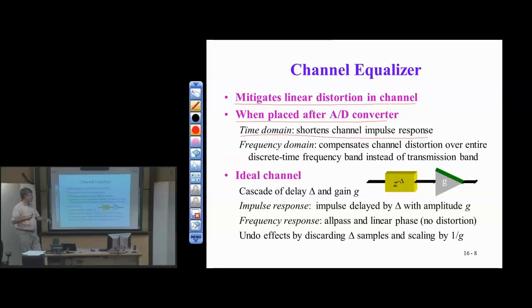And that spreading is going to mean that I interfere with future symbol transmissions. Intersymbol interference, which we talked about in the past. We'd like to get rid of that intersymbol interference as best we can. We won't get rid of all of it, but we can get rid of a lot of it.